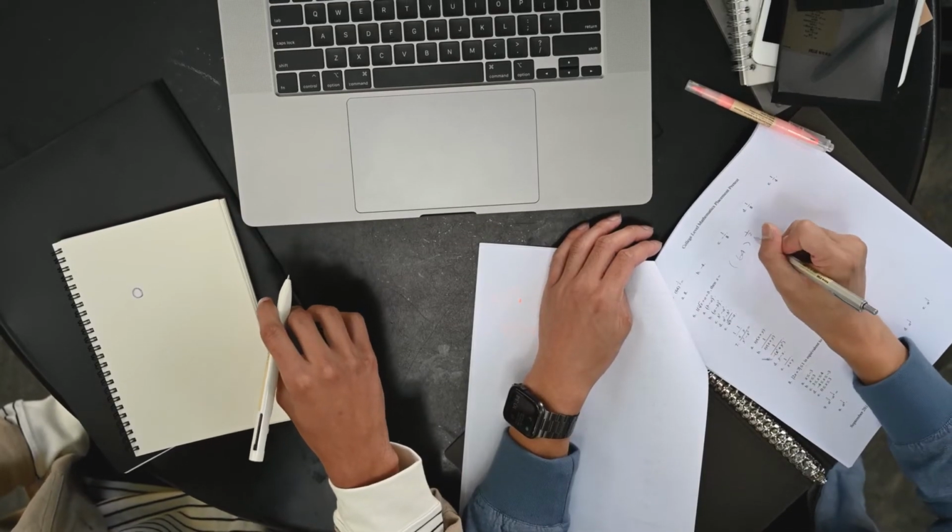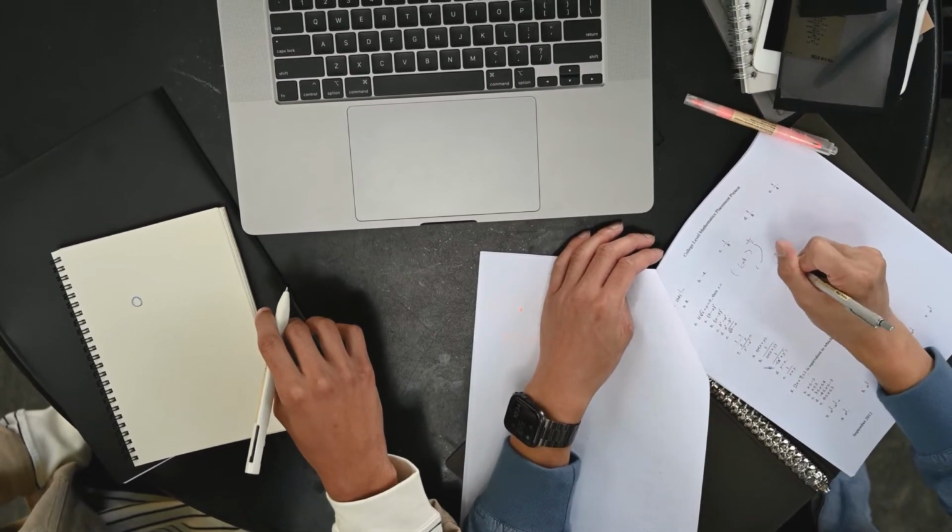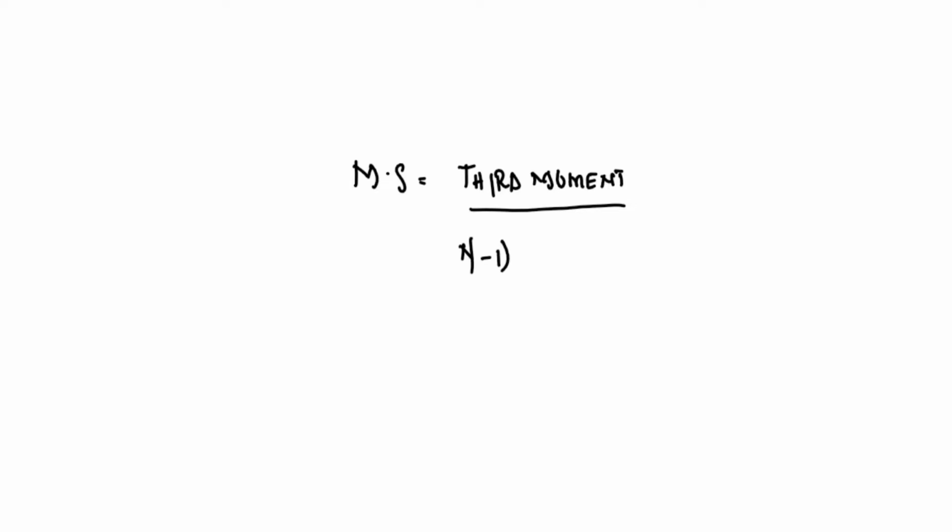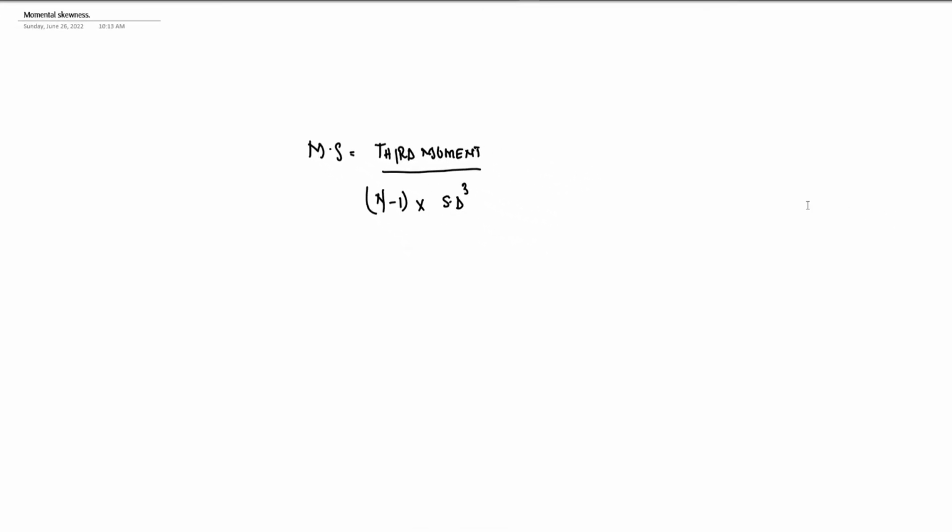So the formula that defines the momental skewness of a distribution is, let's just say this is m_x, which represents the momental skewness, and the formula is equal to the third moment about the mean divided by (n minus 1) times the standard deviation, all cubed.